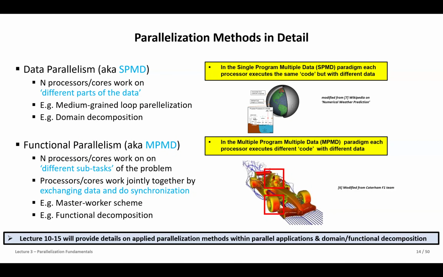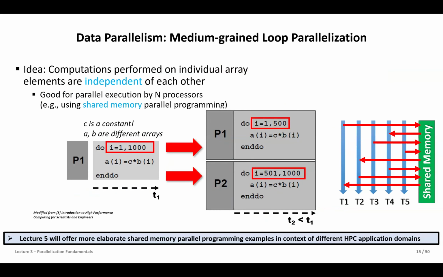So this is where you often have a master-worker scheme, functional decomposition of codes, where we say it's basically multiple programs that interact with each other. Still, they both want to solve a problem in a cooperative way. They have just another way how to do it. And we have more examples of these parallelization methods down the line when we come more to the applications, also when Reza will introduce CFD and so on later in the course.